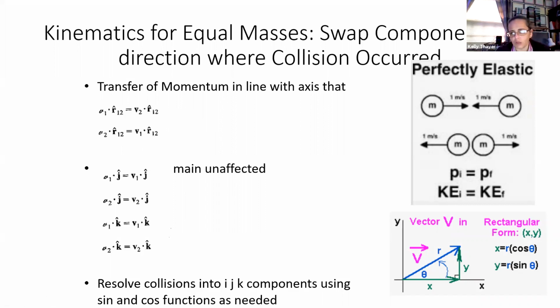So what we can do then is apply triangle trigonometry, which I'm sure you have seen from some geometry classes and so forth, or physics classes. We can take a vector and resolve it into its x, y, and z components, which here are being represented in the i, j, and k vectors. And then whichever components, i and j, j and k, or k and i, may be involved in that particular collision, we can simply transfer the momentum in line with the axis that was affected.